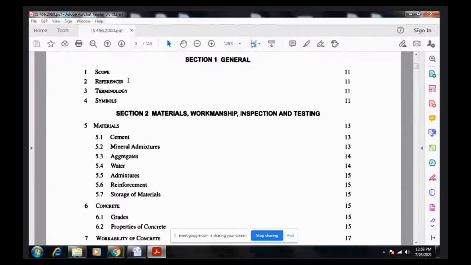Basis is important. If I ask you that IS 456 was there in 1964, also there in 1978, and also it is in 2021, do you have any idea what changes took place?